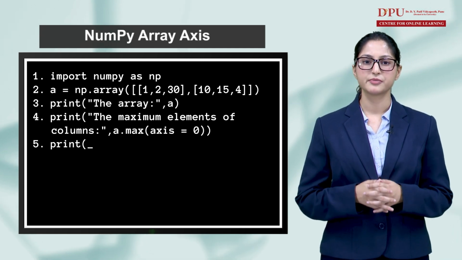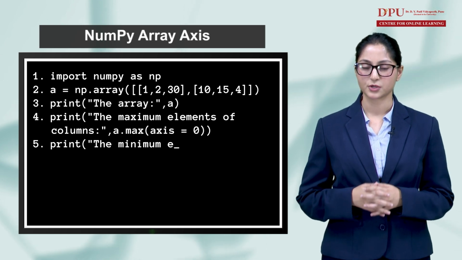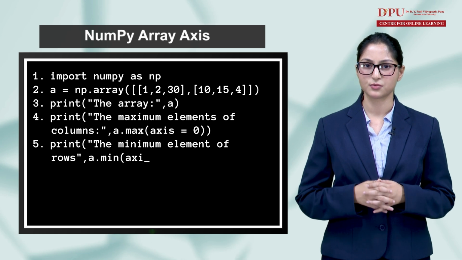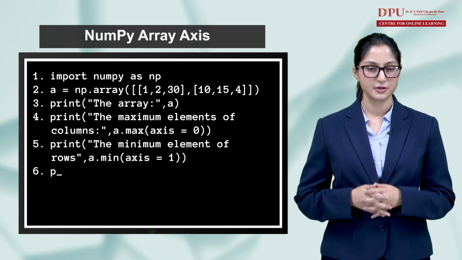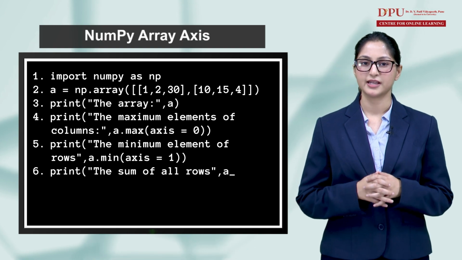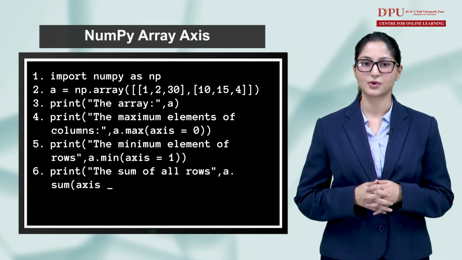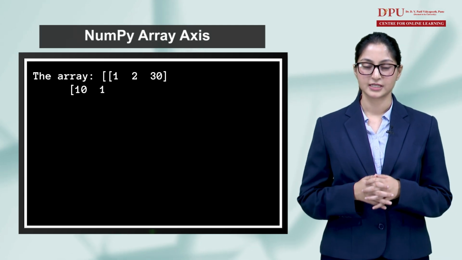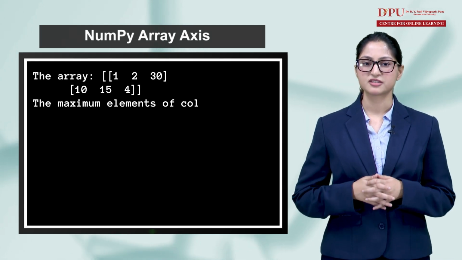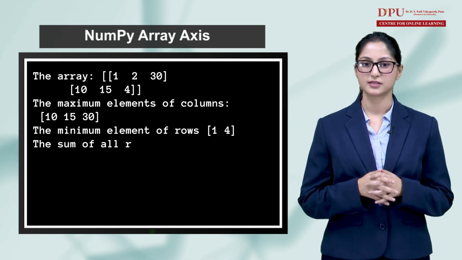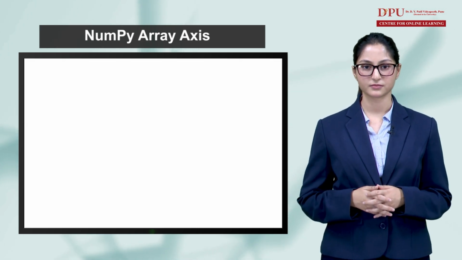Print "the minimum element of rows", comma, a.min with axis equals 1 as parameter to the min function. Print "the sum of all rows", comma, a.sum with axis equals 1 as parameter to the sum function. Output: the array, the maximum elements of columns, the minimum element of rows, the sum of all rows.